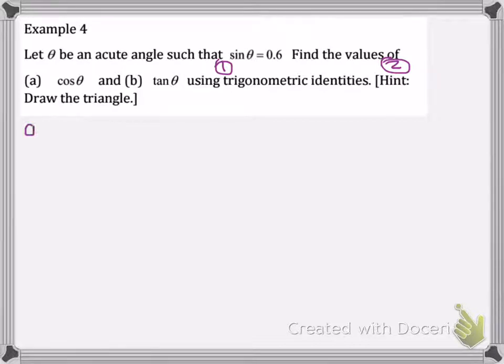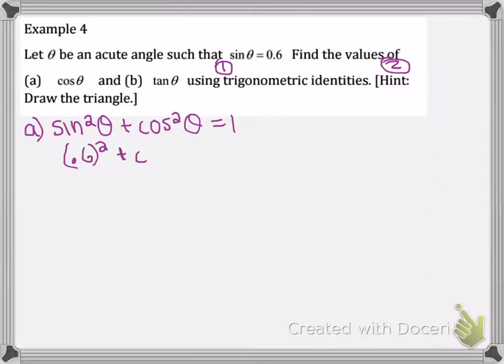All right, so first to find cosine, you need to figure out the relationship between sine and cosine. And that relationship is sine squared of theta plus cosine squared of theta equals 1. So that means 0.6 squared plus cosine squared of theta equals 1.